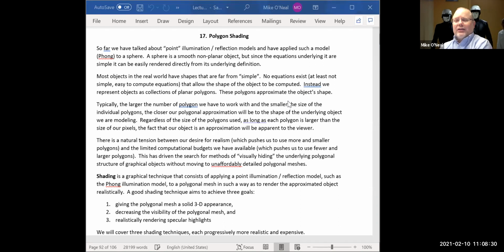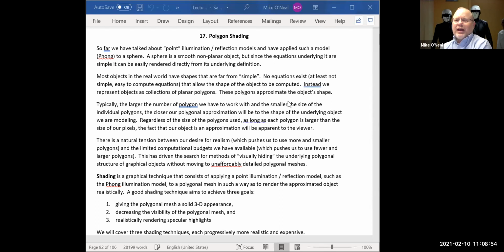So if you go back and think about the 20 spheres example that I went through, there were no polygons. We modeled the spheres using the underlying equations for a sphere. So there were no polygons at all. That was actually true spheres that we were rendering.